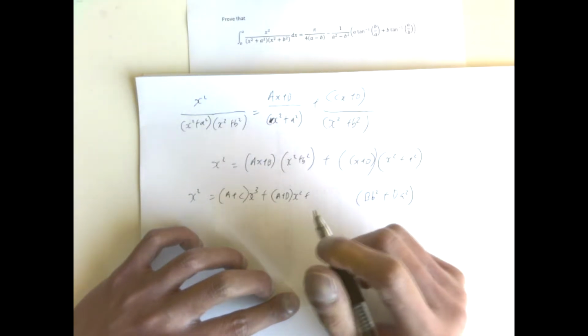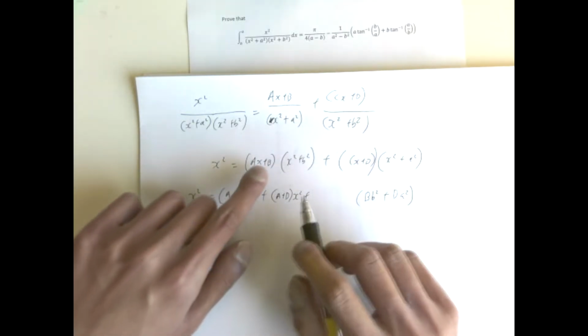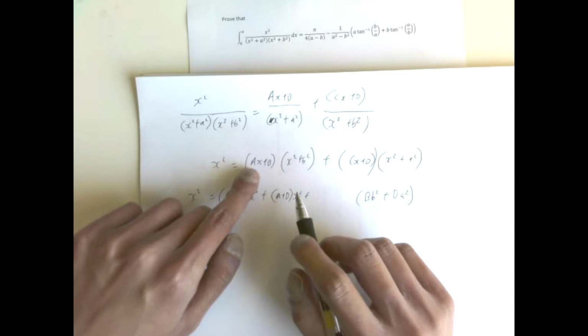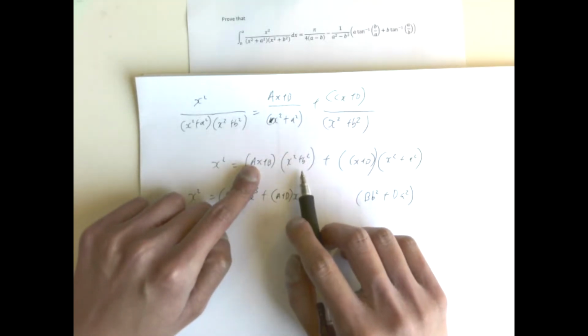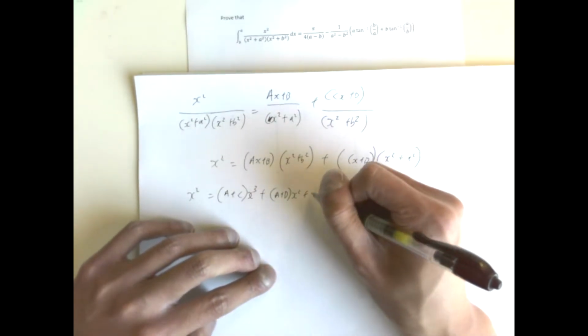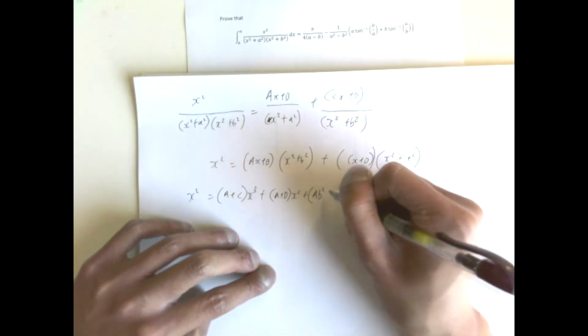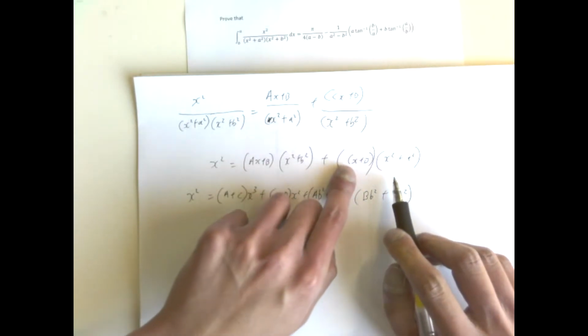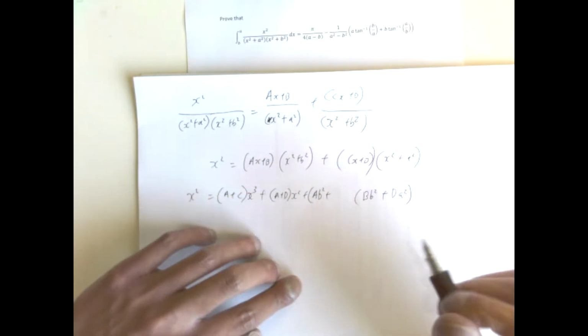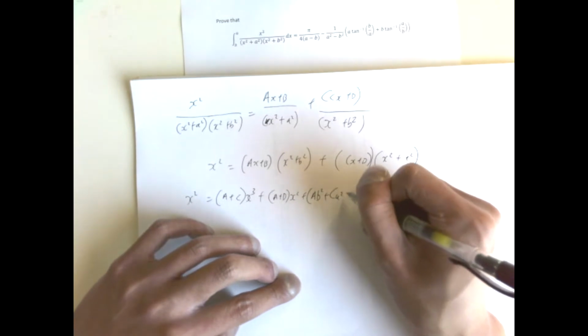And I forgot the linear terms, which will be capital A x times b squared, and similarly Cx times a squared is going to be C a squared.